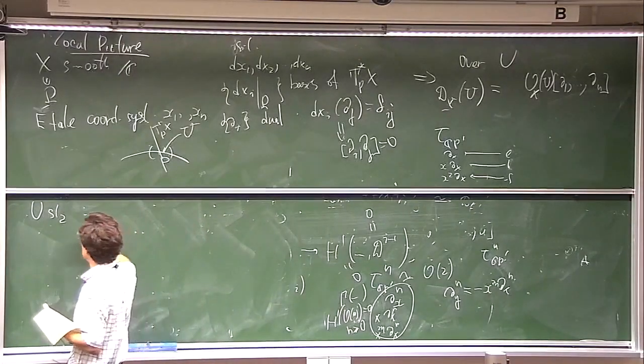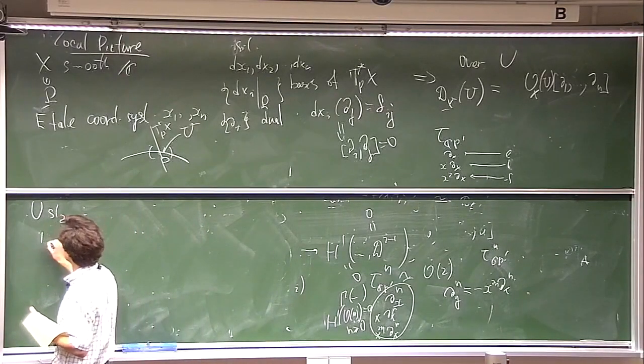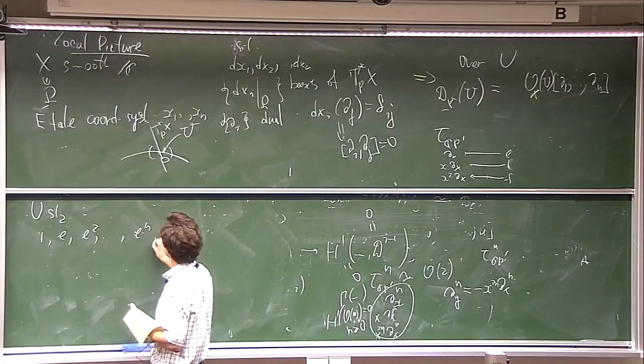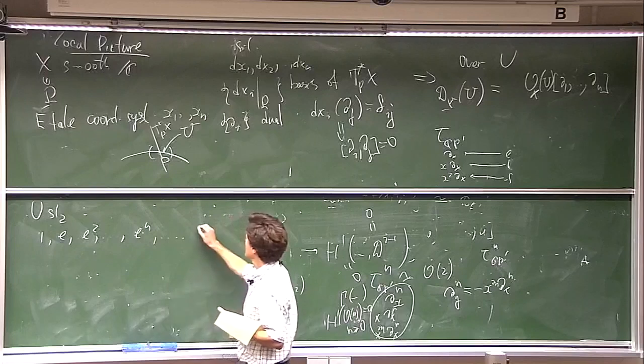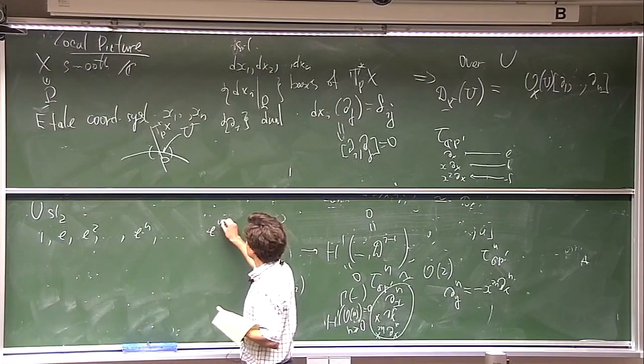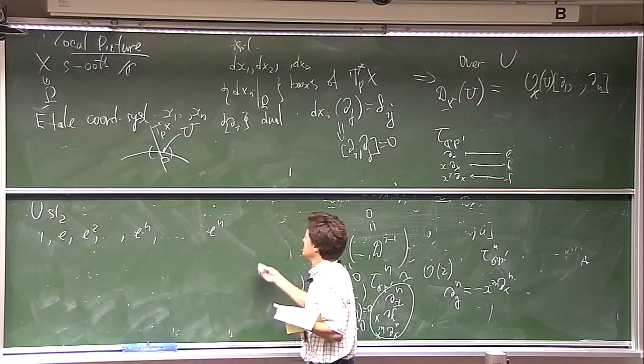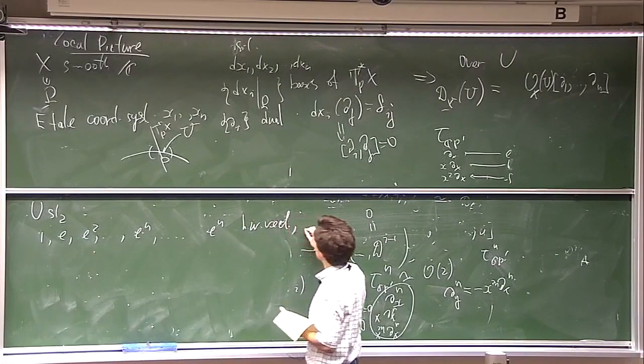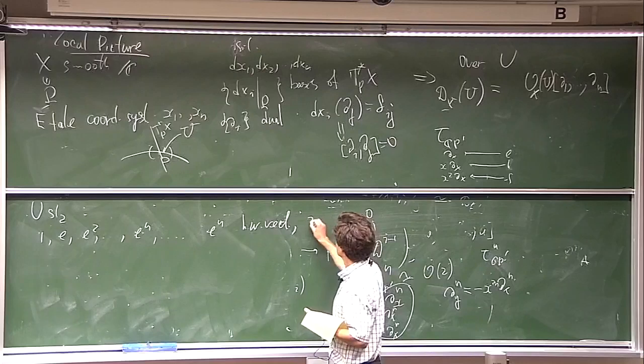So what can we say? There are elements 1, e squared, e to the n. They are all, so e to the nth is a highest weight vector of weight 2 times n.